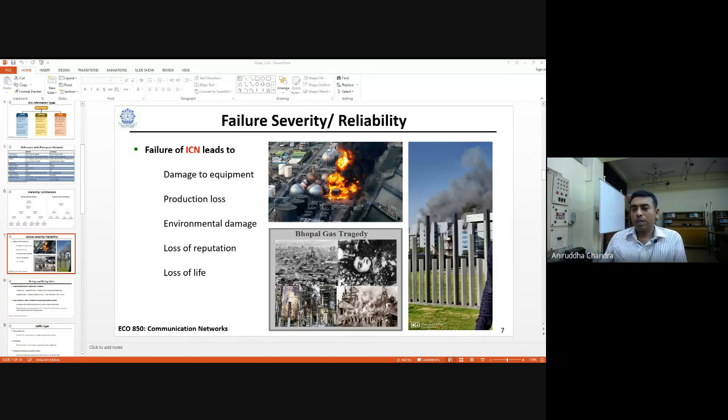With this picture, what I wanted to show you is that whenever there is an industrial disaster, it has an effect which is not only felt immediately. The fire breakout at the Serum Institute of India probably delayed the vaccination drive for several months.